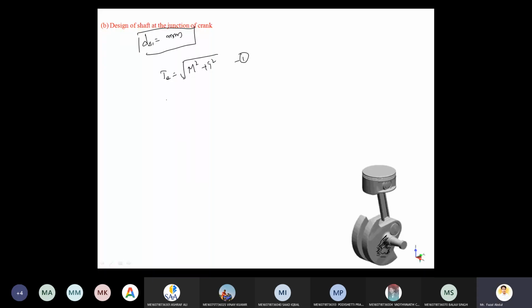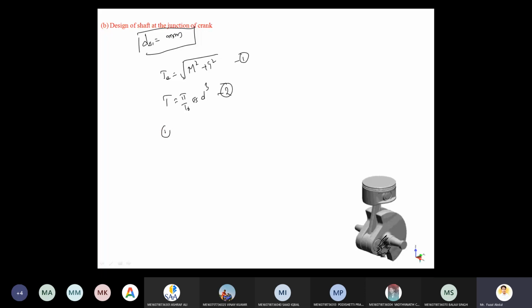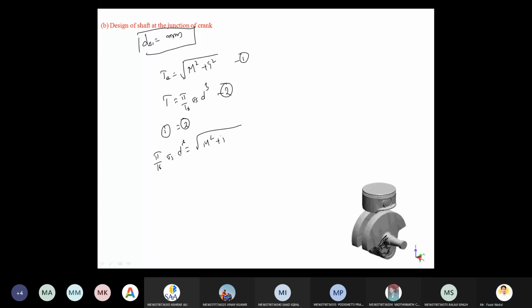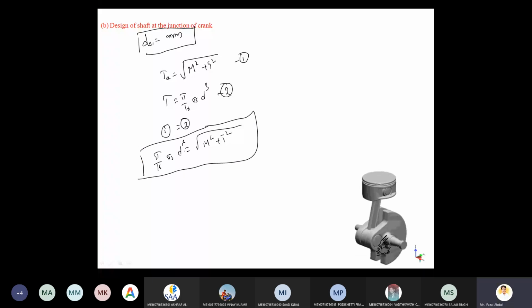The general equation is T equals pi by 16 into sigma s into d cube. This is the second equation. Now equating the first equation to the second equation, pi by 16 into sigma s into d cube equals square root of M square plus T square. With this equation we are going to calculate DS1. Sigma s is the permissible limit.